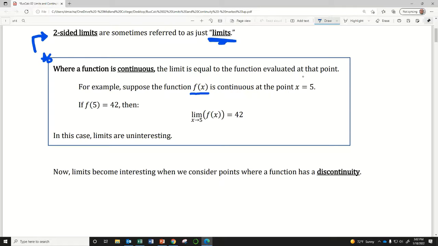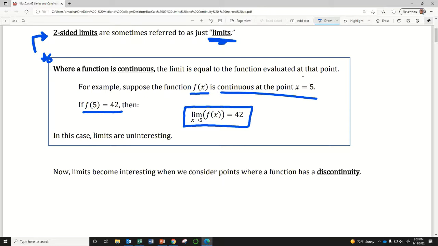And if we evaluate my function f at the input 5, and the output of my function there is 42, so we say f of 5 equals 42, then we also know that the limit of my function f of x as x approaches 5 is 42. And this is because the function is continuous there, and we know what the function is there.